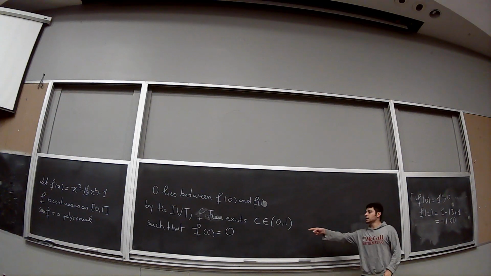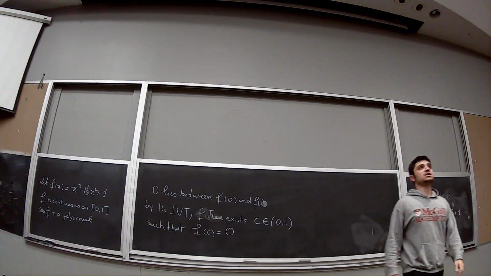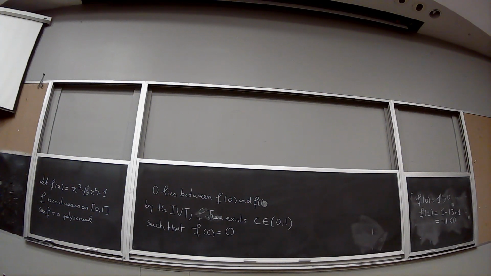Okay? Now, if there is a number with f of t equal to 0, what does it mean? It means that the equation has a solution, right or no? Okay? Are we good?